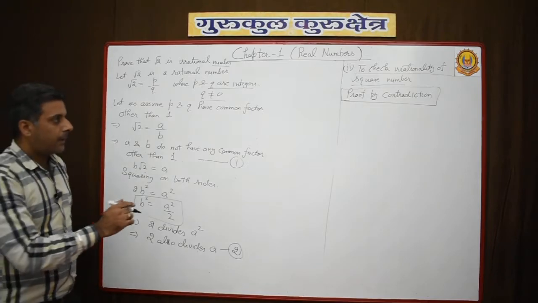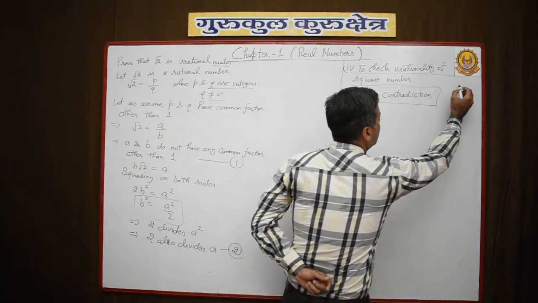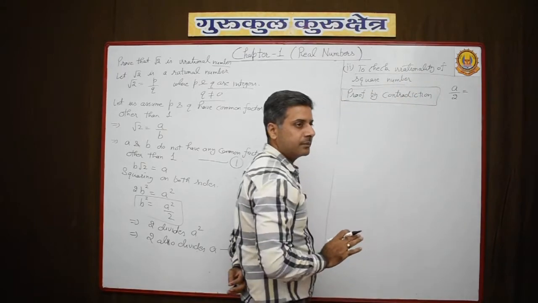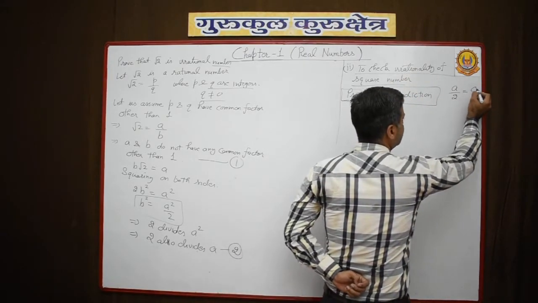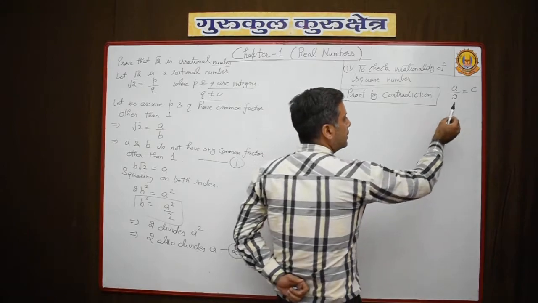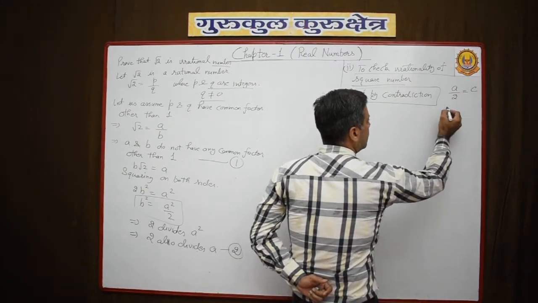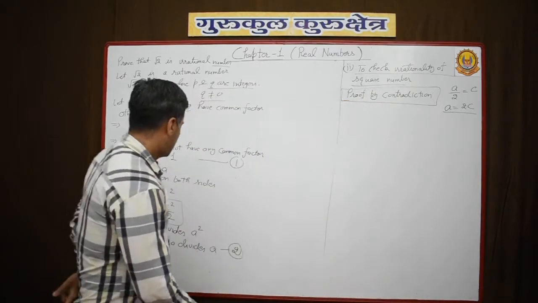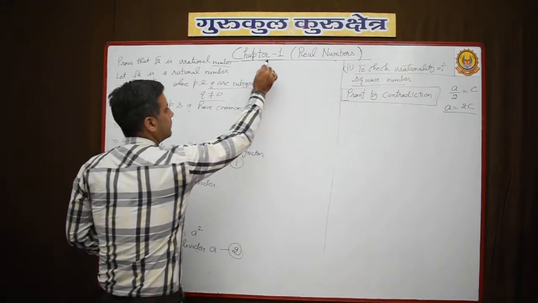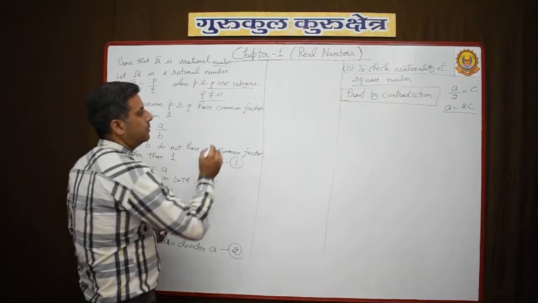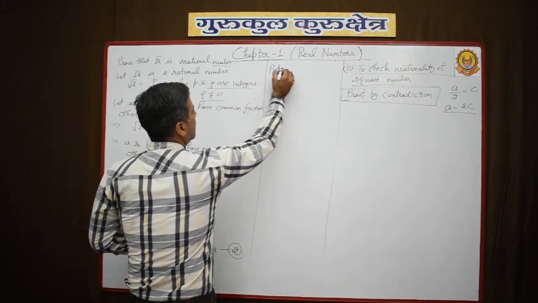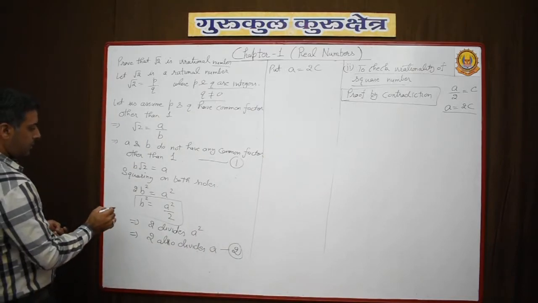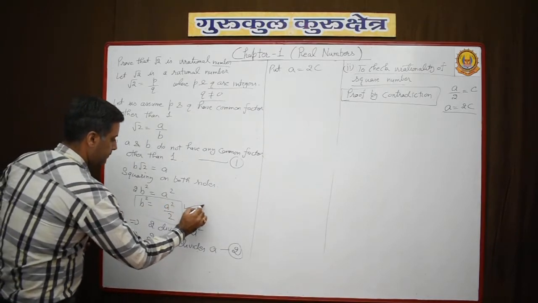So now look here. When I divide a by 2, I will get some quotient. Suppose I take c, any quotient. So from this result, I will get the value of a is equal to 2c. So here I will put a is equal to 2c in this equation.